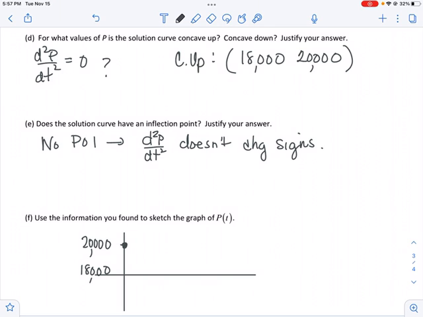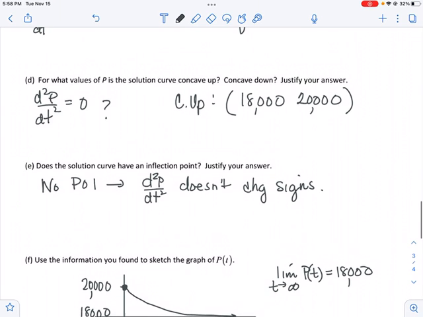We start here, then go downward, and the graph is going to be concave up, and it'll ride out along y equals 18k. So the limit as t goes to infinity of P of t is still going to equal 18,000, but the graph is concave up and decreasing on the interval.